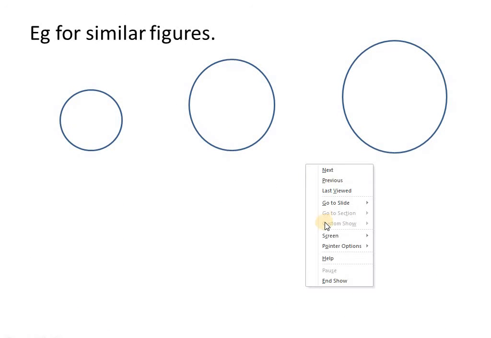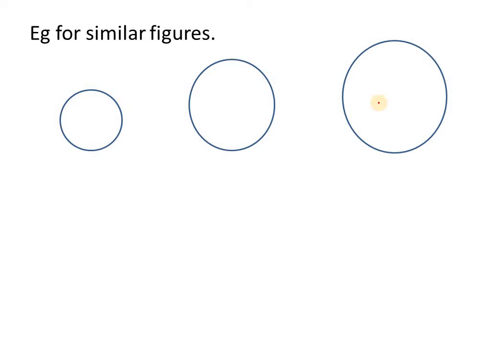Let us take three circles and consider their radii. Suppose this is 3, this is 4, and this is 5 centimeters. The radii are different, but the shapes are the same.